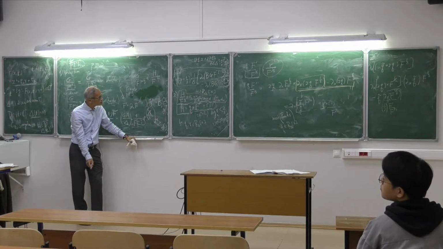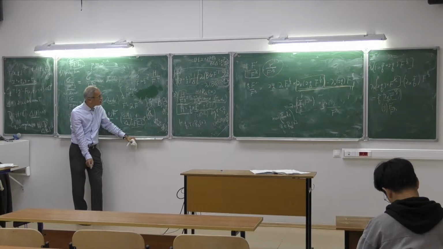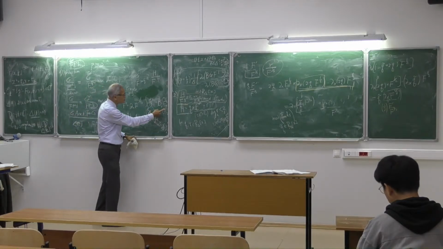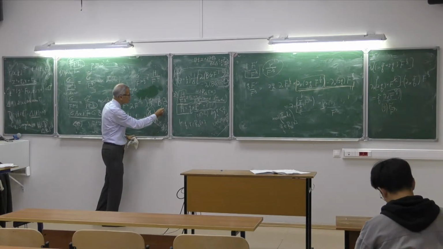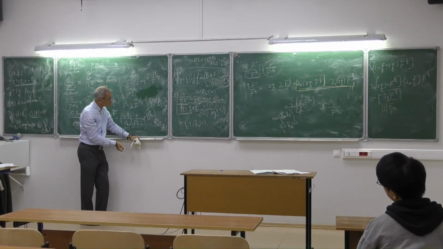Does any of these forms have a pole? What do you mean by which form? dx over y and x dx over y. So it's holomorphic, isn't it? Yeah, and the second one is not.